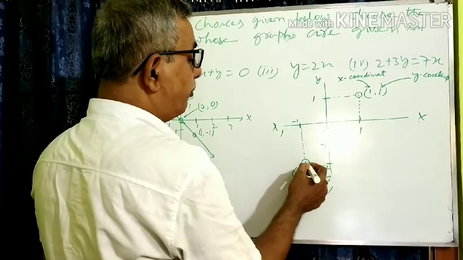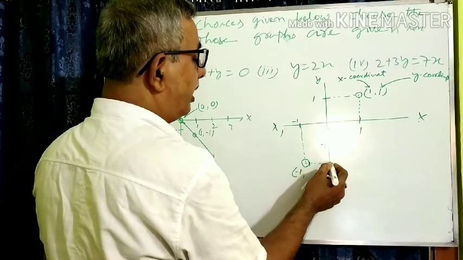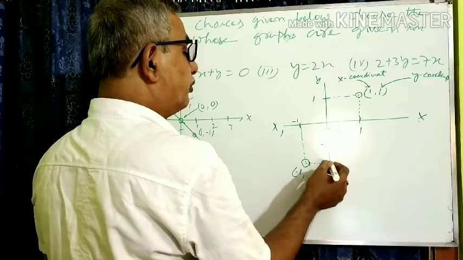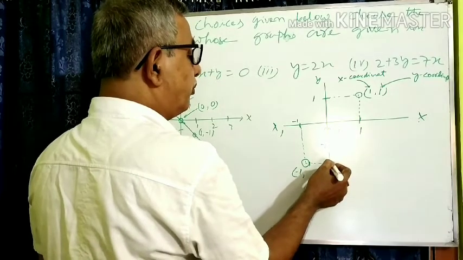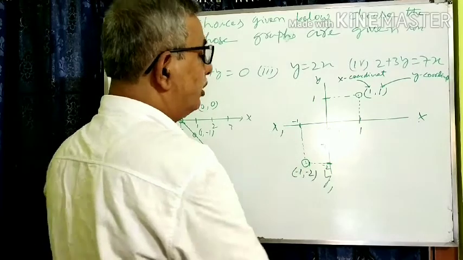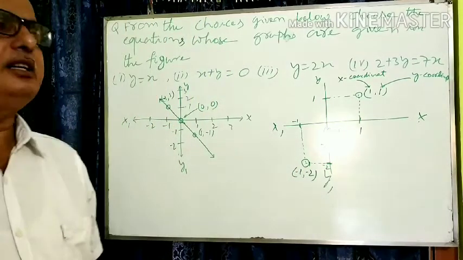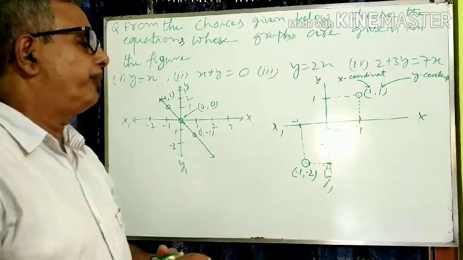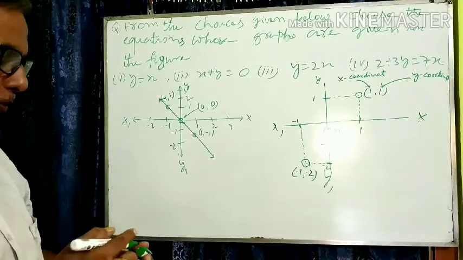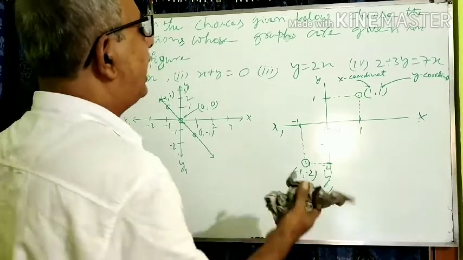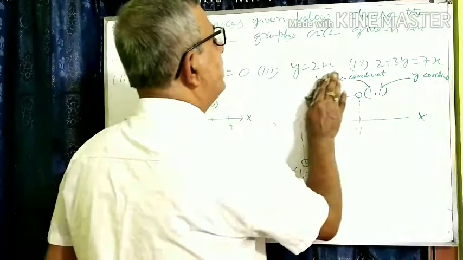Again, from the point we draw a perpendicular on the y-axis, where it touches the y-axis, that number is called the y coordinate. My dear students, I have taken extra time for this one. I hope you understood.